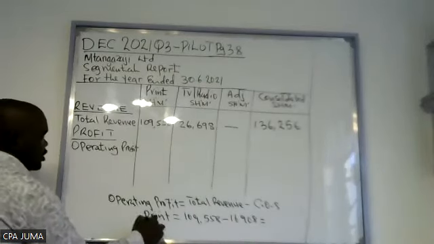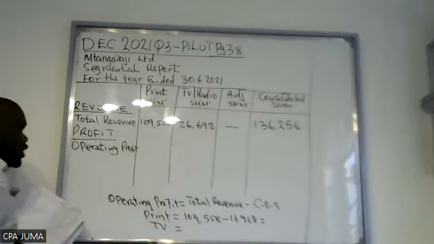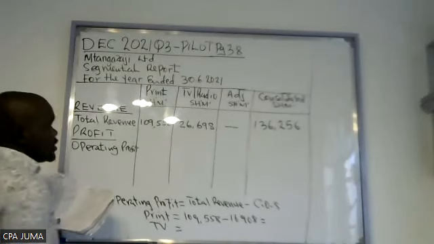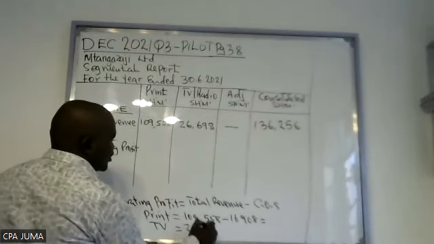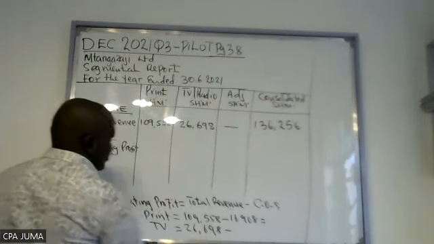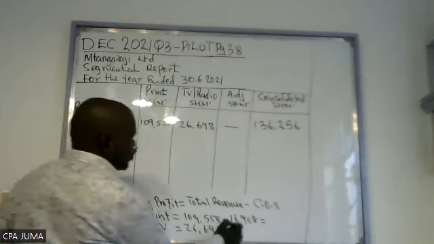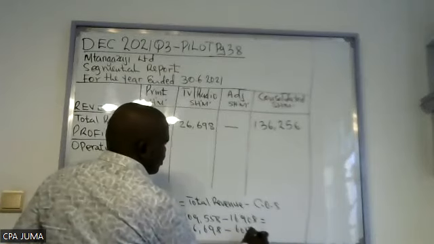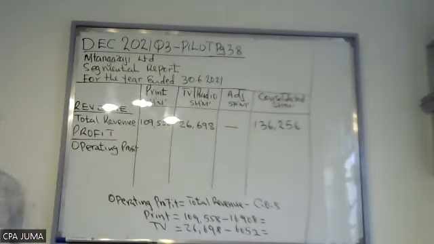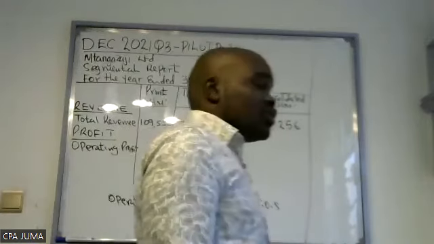Then TV/radio is 26,698 minus the cost of sales, which is 6,052. Give me the two answers. So where you don't have the profit, just take the revenue minus the cost of sales.